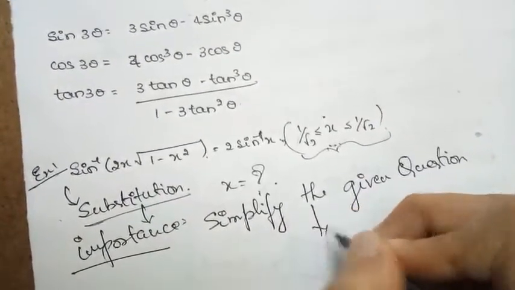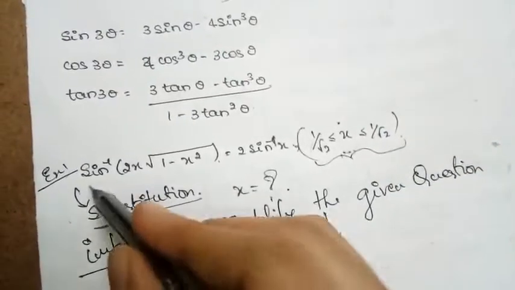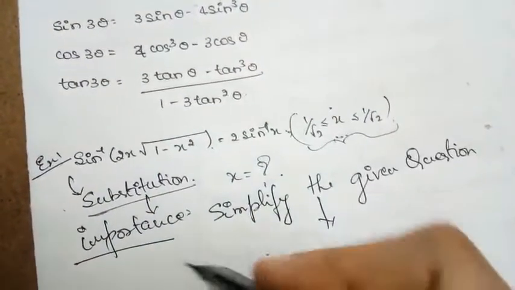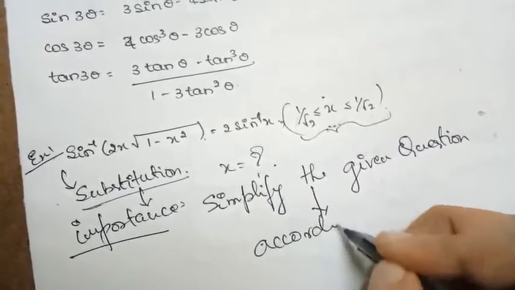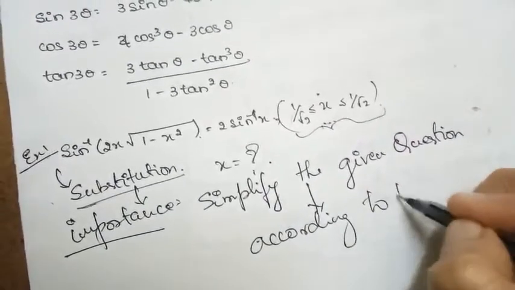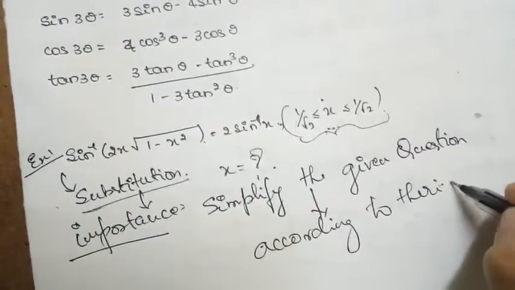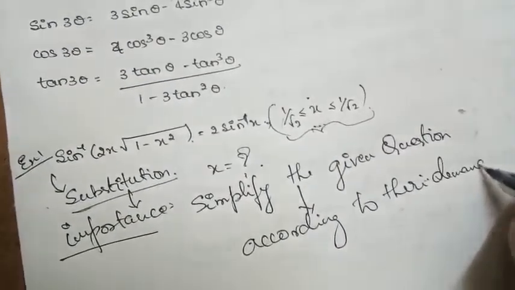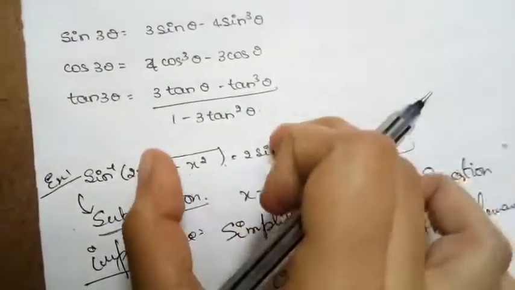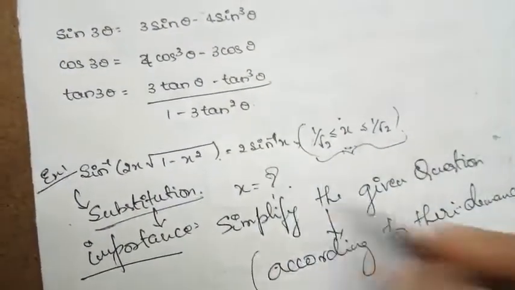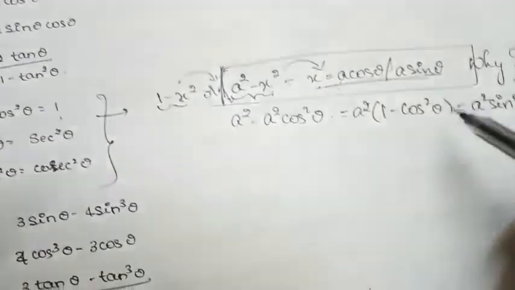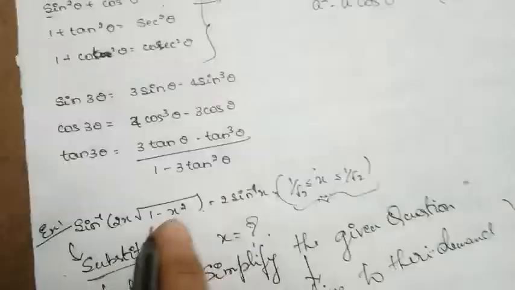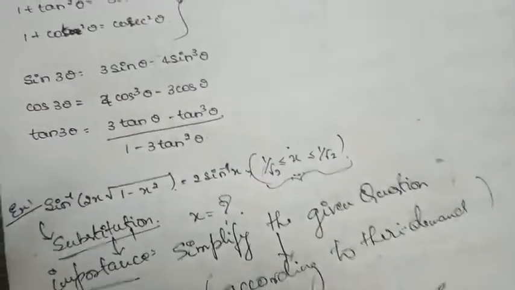Along with the simplification of a given question, what are they expecting according to their demand? So what does that mean? It means simplifying the given question according to their demand. For that importance we are doing the substitution. So not only simplification, what the question requires, according to that we are going to simplify the given question.